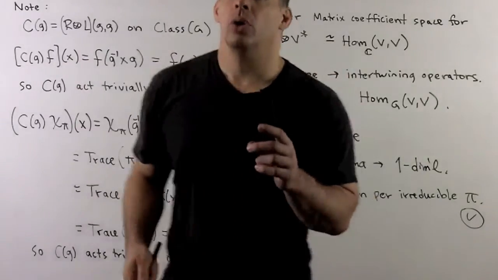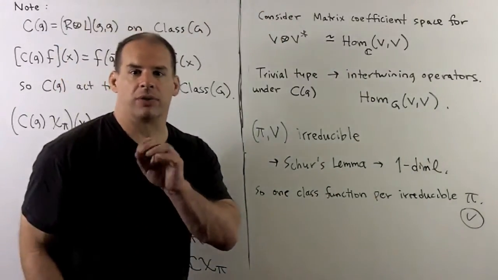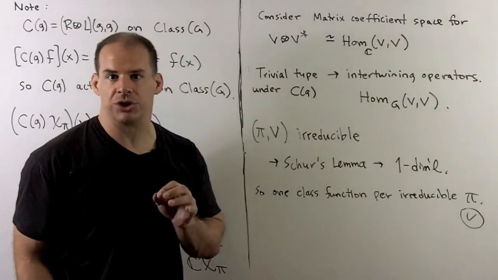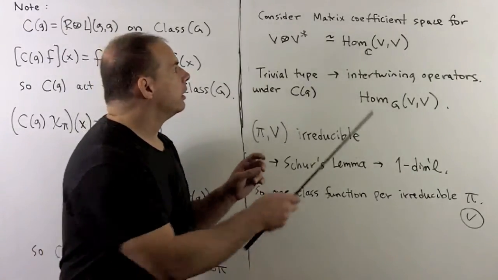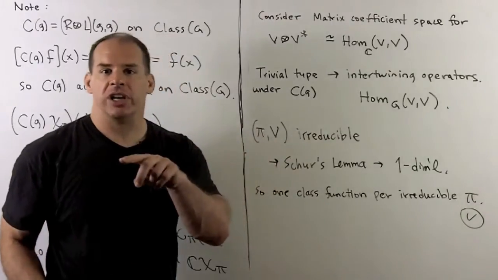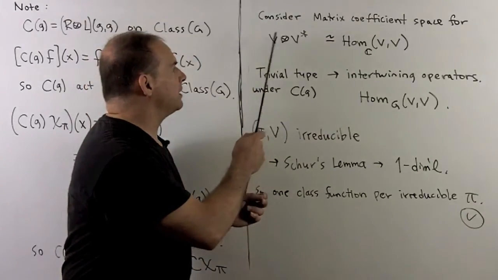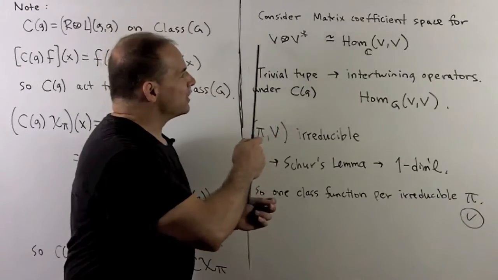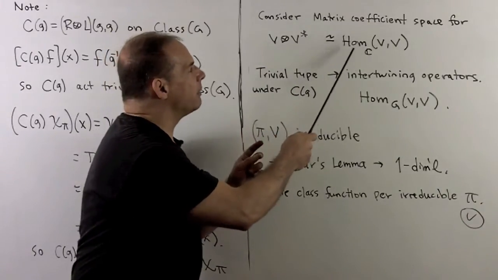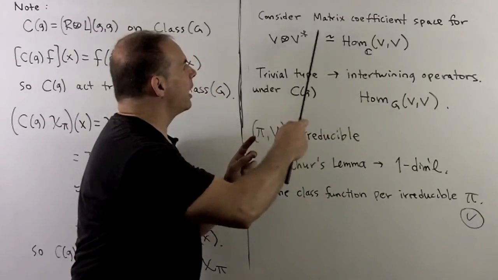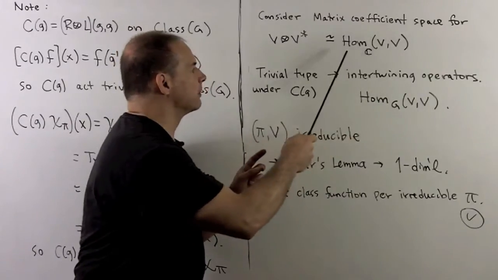Now, we appeal to our completeness result for L2 of G and consider each irreducible block of matrix coefficients. Now, conjugation is going to correspond to the usual action of G on V tensor with V star, and this is going to be equivalent to Hom from V to itself. So we're looking for trivial types inside of these spaces.